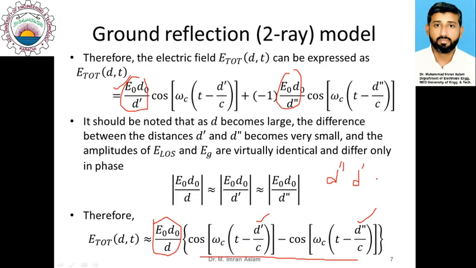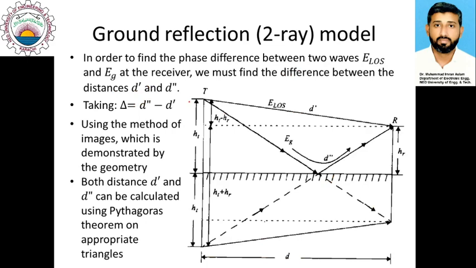So let us represent the difference between d double prime and d prime as delta. Delta is the difference between distances. Actually we will be using this difference in calculating the phase change, but for the time being we are ignoring the phase change and we are only focusing on the distance.